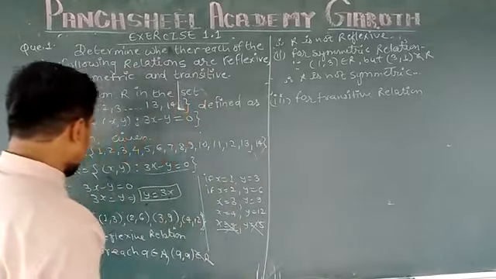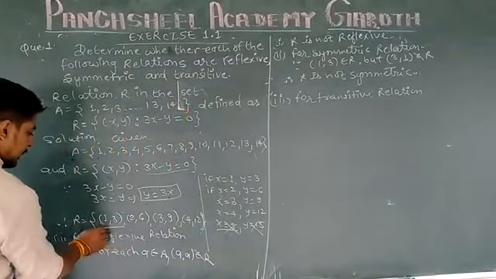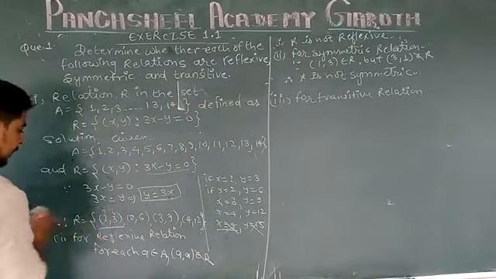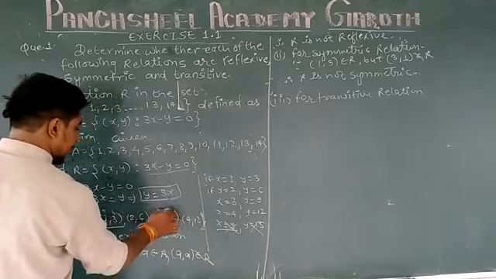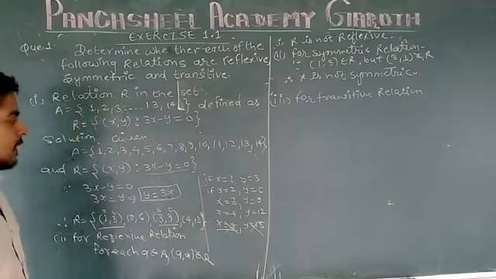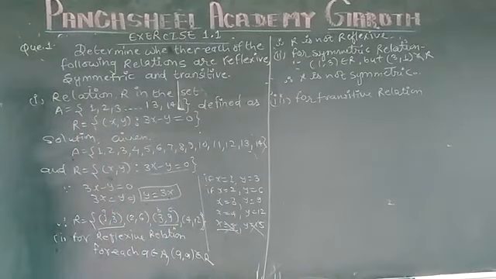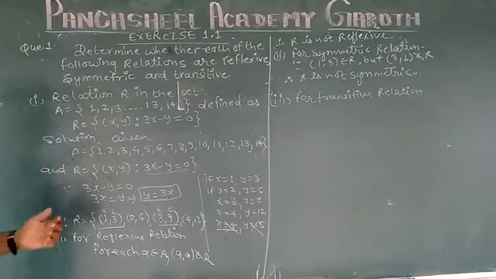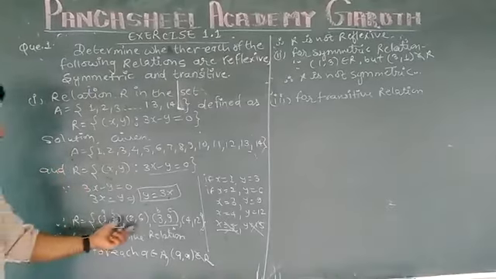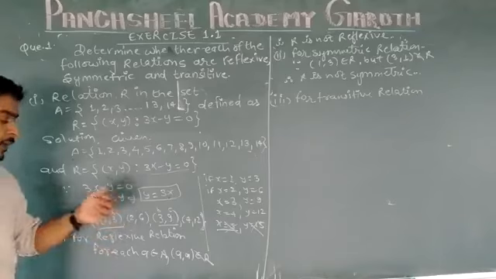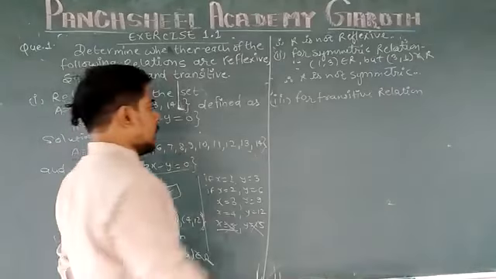Here if we take the two ordered pairs (1, 3), which is (a, b), and (3, 9), which is (b, c), because the element b is same. Whenever we have to prove the transitive relation, we have to take two ordered pairs such that the element b is same.